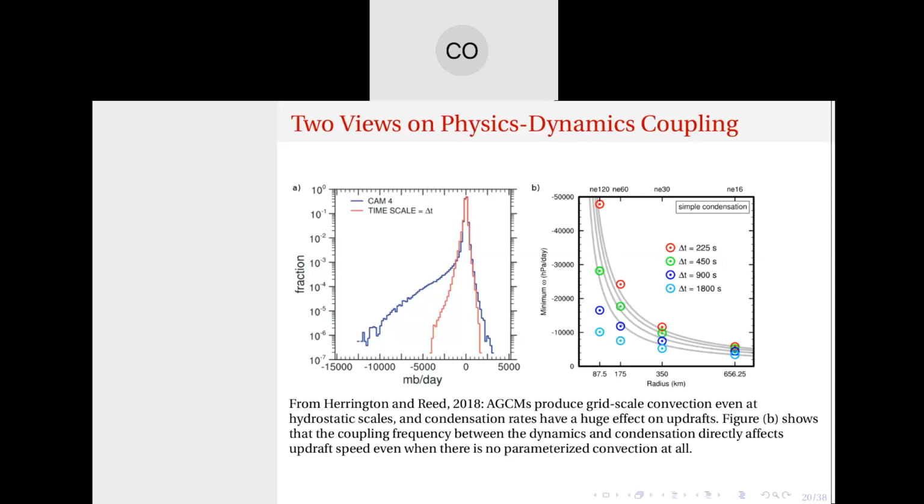Yeah, so E3SM specifically really only has one supported dynamical core, which makes it a little bit harder. This particular study has actually been done with different dynamical cores in CESM.